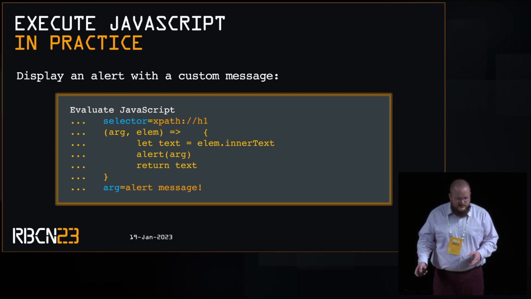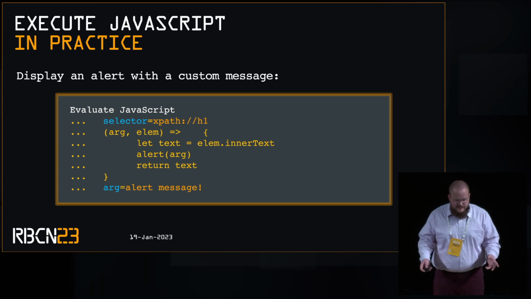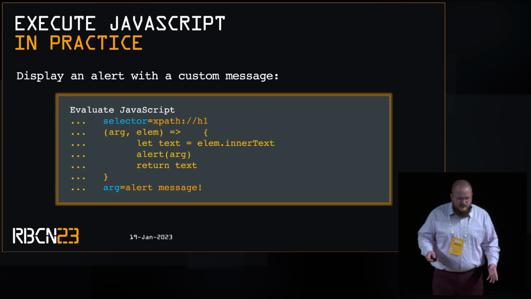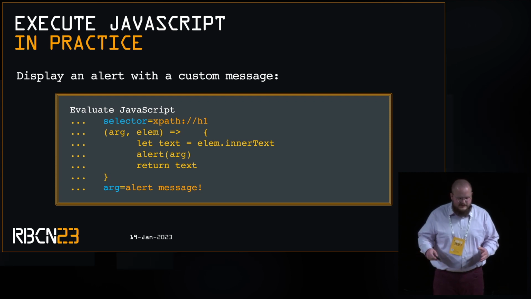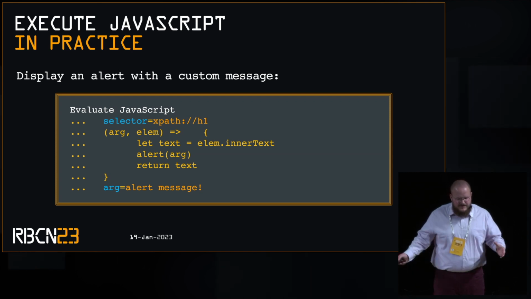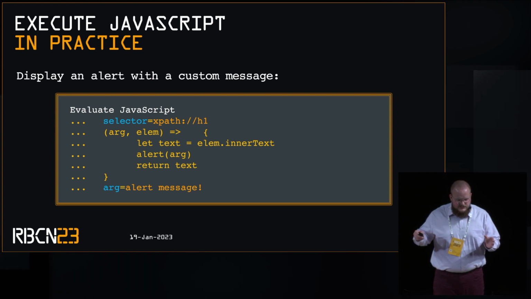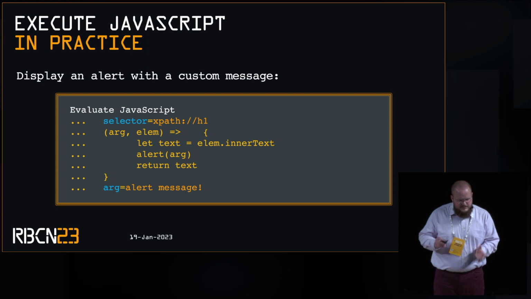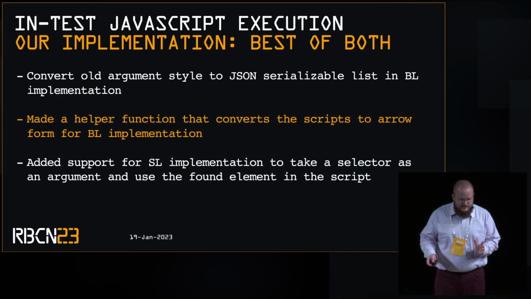Now, that alert message that we had before is contained inside of arg. Some of our JavaScript utilizes the multiple arguments that you could pass in that unpacked list previously. Fitting those into one argument that you can pass in arg was a little bit of a challenge for us, but we figured it out.